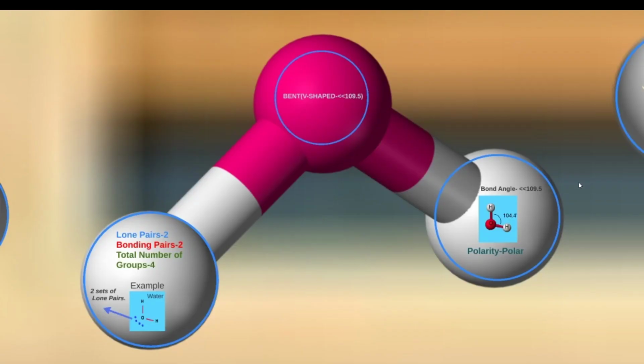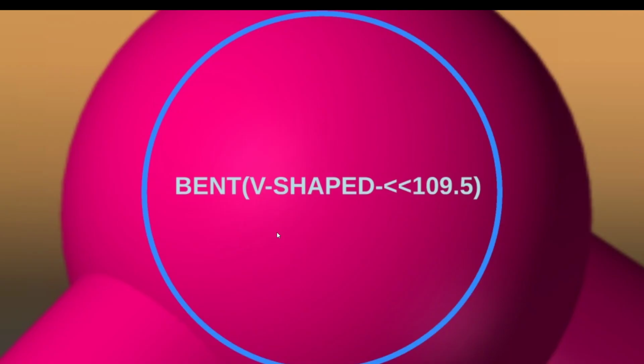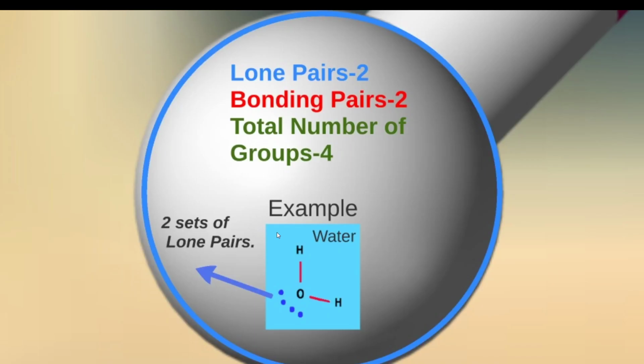Okay. Next is V-shape, and this is what I call the 109.5 one. This one has 2 lone pairs and 2 bonding pairs. And these 2 lone pairs are going to affect the shape even more. If you think about the lone pairs, they're actually pushing down on these other bonds.